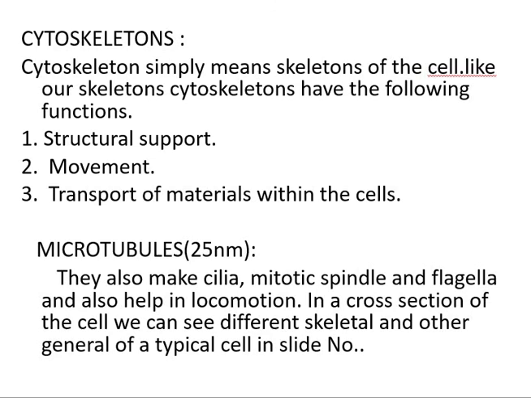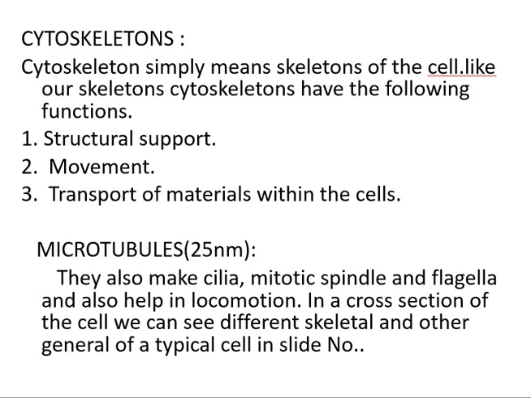Transport of material within the cells. There are three types of cytoskeleton: microtubules, microfilaments, intermediate filaments. Microtubules have a diameter of about 25 nanometers. They also make cilia, mitotic spindle and flagella, and also help in locomotion.